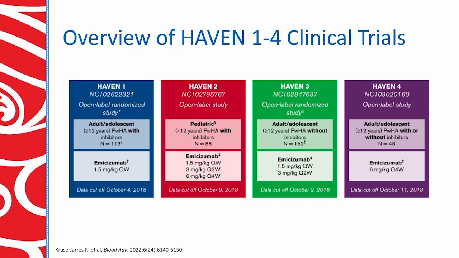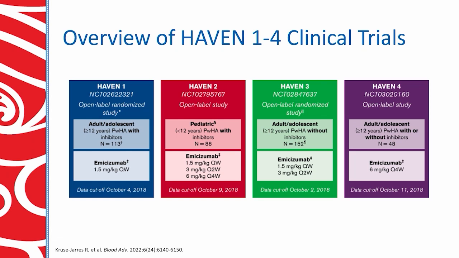As you can see, HAVEN 1, as expected, had to focus on patients who have an inhibitor, because emicizumab was first validated in patients who have antibodies against factor VIII. Clearly these factor VIII mimetics offer a unique opportunity to bypass factor VIII much more easily than the classical bypassing agents such as 7A and APCC.